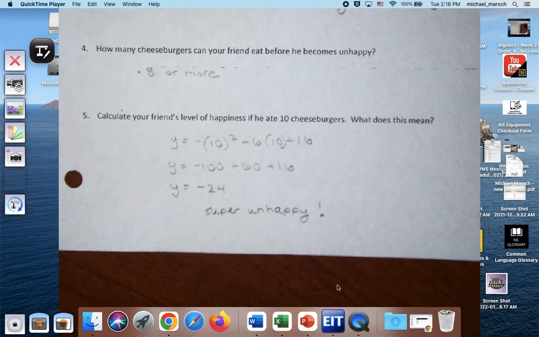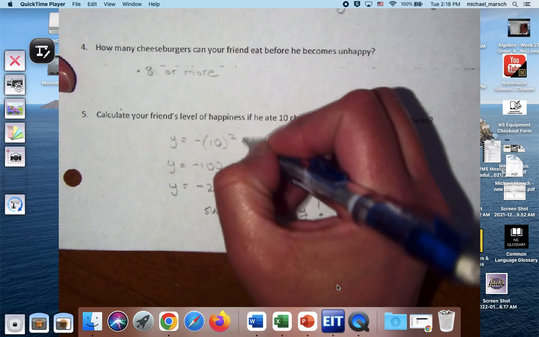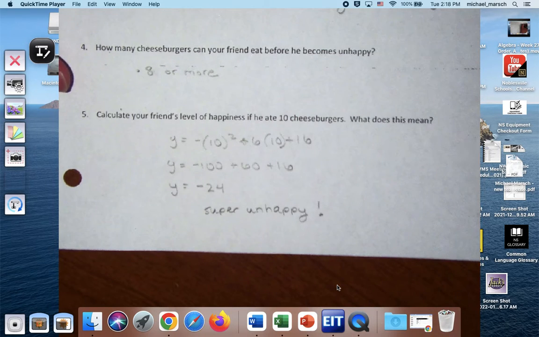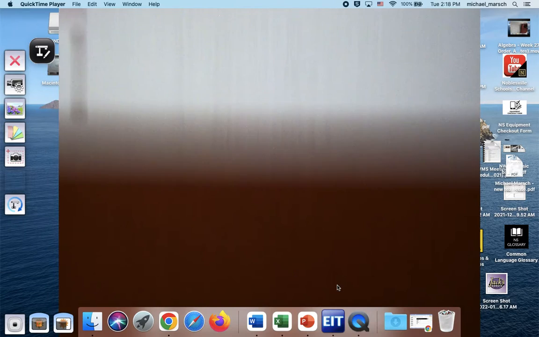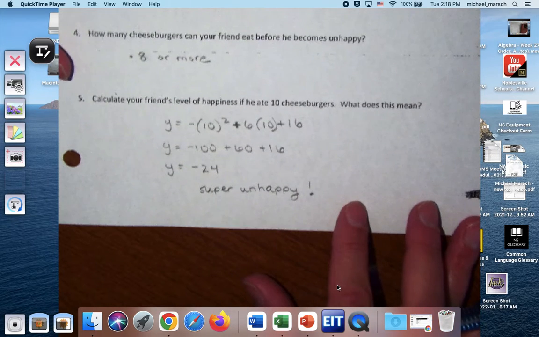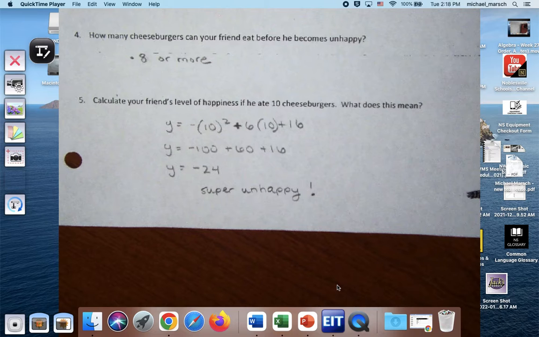Super unhappy. Negative 24 on the happy scale means you are not happy. Wait, is that 10 in the parentheses a plus or minus? It's a plus. It's just the equation up at the top. I know the lighting is terrible up here. Wouldn't it be minus? Oh, wait, it's plus. My bad. Okay, we will continue this fun tomorrow.